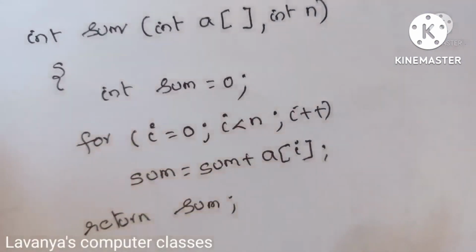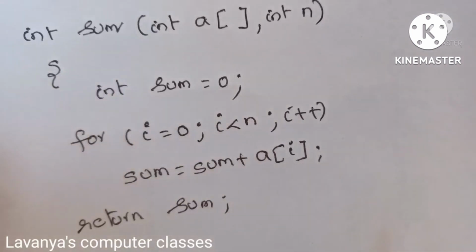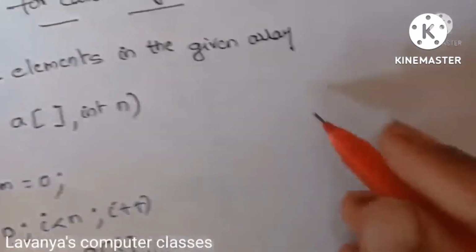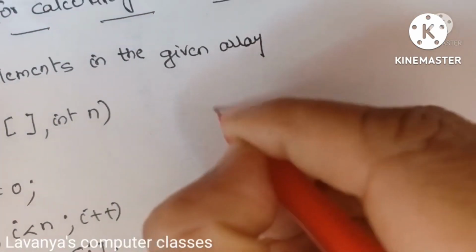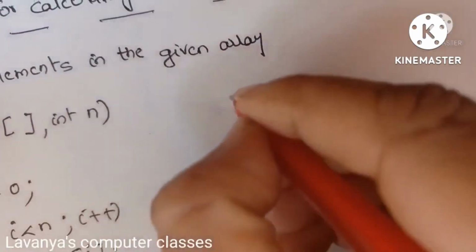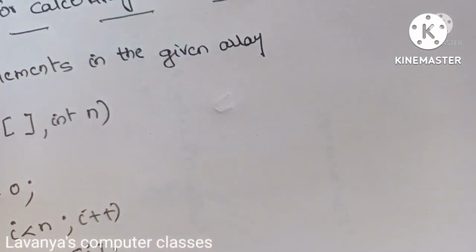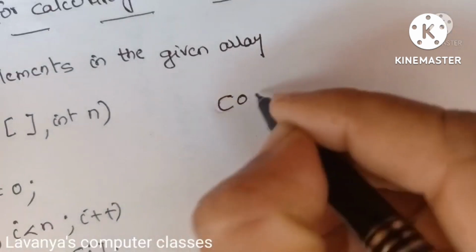Now I want to find the time complexity of this algorithm using the step count method. In this method we have to prepare a table like this: cost, frequency, and total cost.